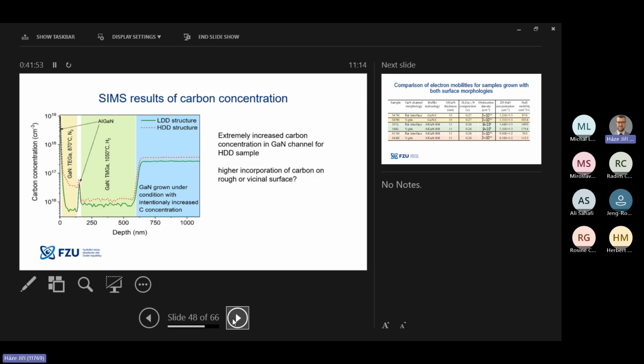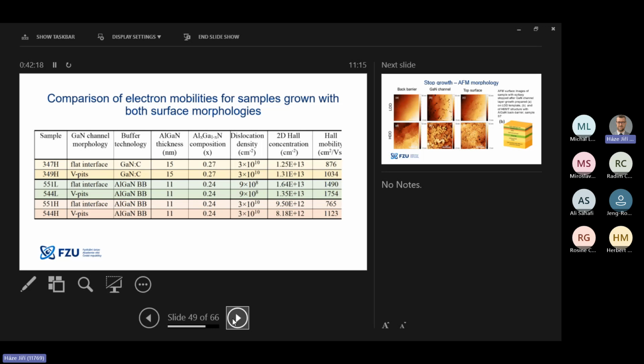And you can see that for high dislocation density, we have considerably higher carbon contamination than in low dislocation density. And although we have a higher carbon contamination for V-pits than if we do not have them, still the mobility is higher.